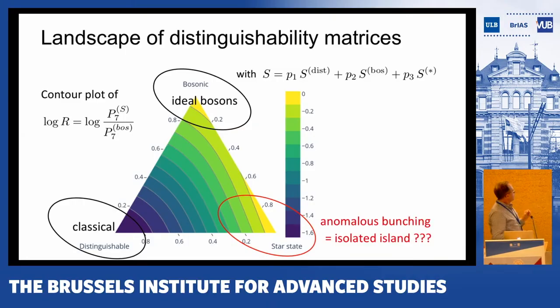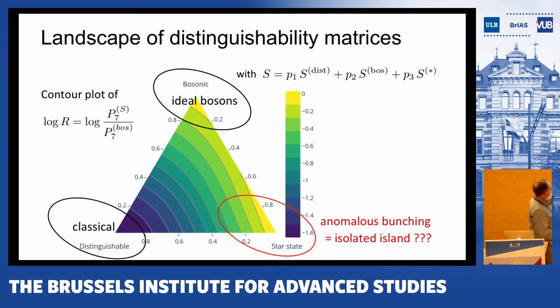Okay, so let me show you what we call the landscape of distinguishability matrices. Here I'm considering a ternary mixture of the distinguishability matrix corresponding to distinguishable particles, so this point, just classical balls, the distinguishability matrix of ideal bosons, and this star state that we have found.